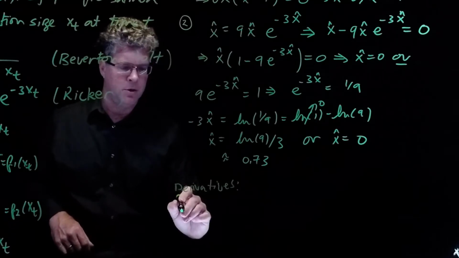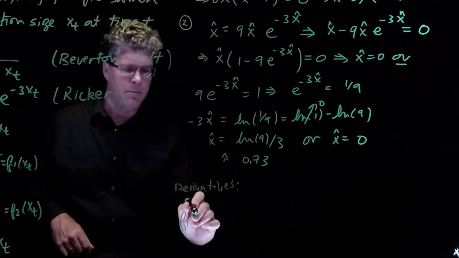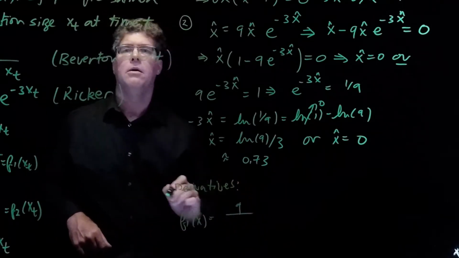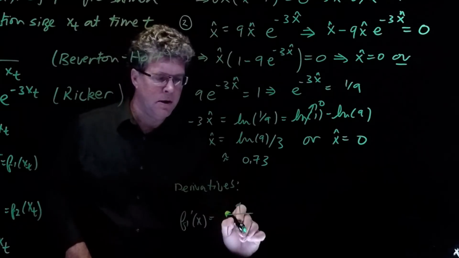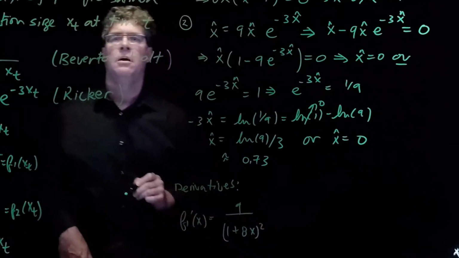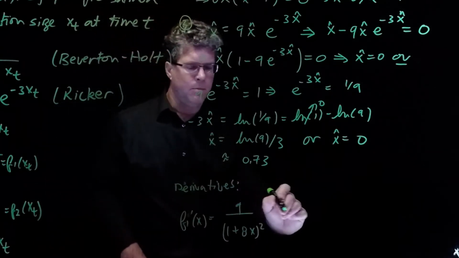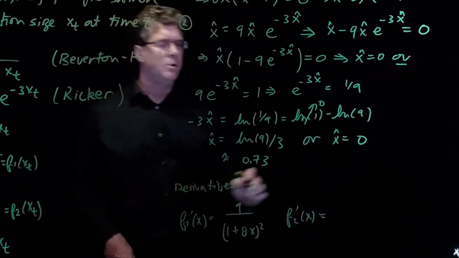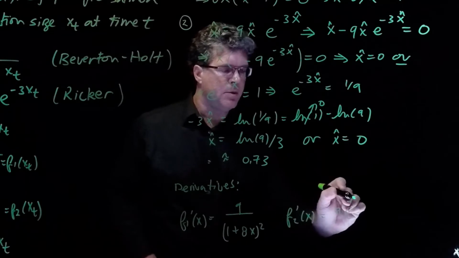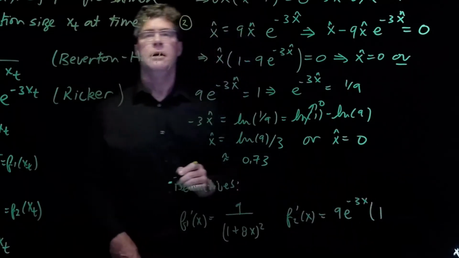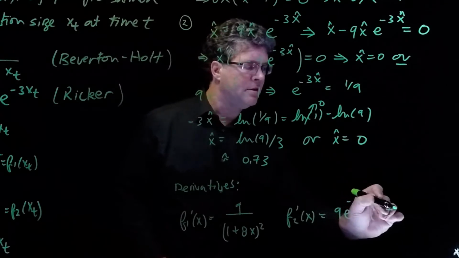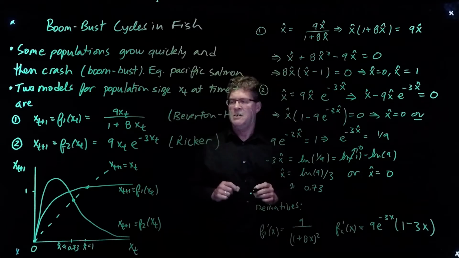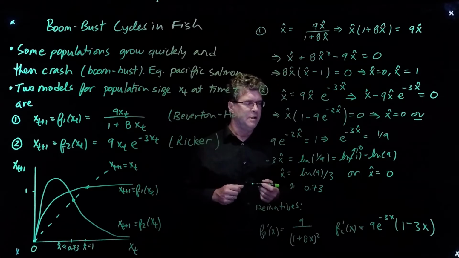So for the Beverton-Holt, f1 prime of x equals 9 over (1 plus 8x) all squared. For the Ricker model, f2 prime of x equals 9e to the minus 3x times (1 minus 3x). We're going to use these when we calculate the stability condition.